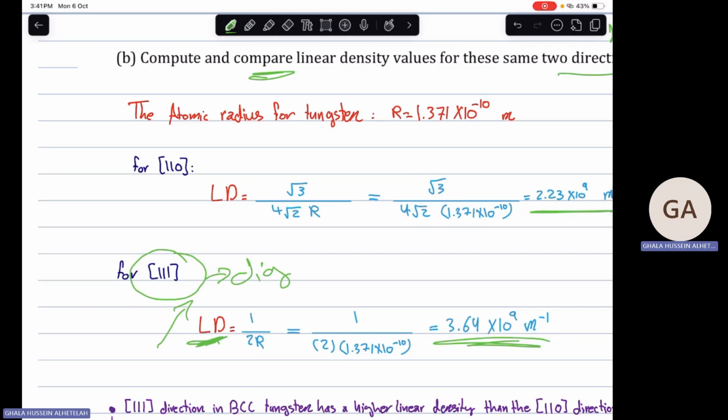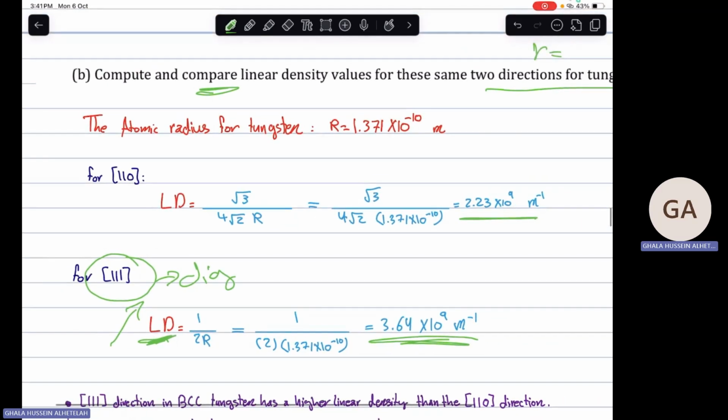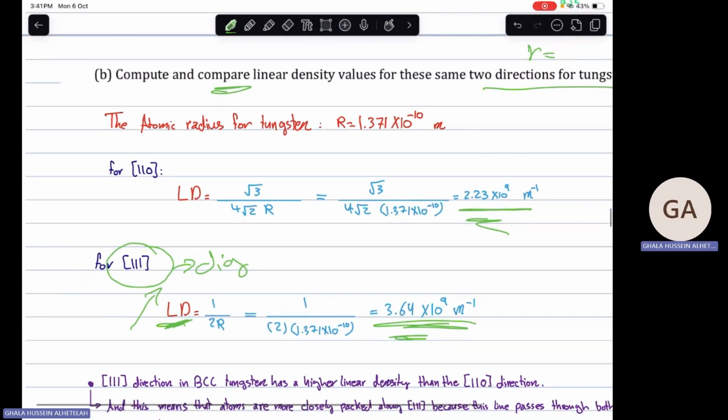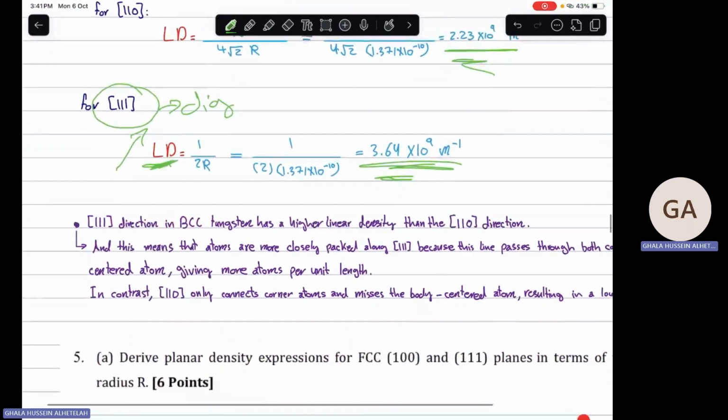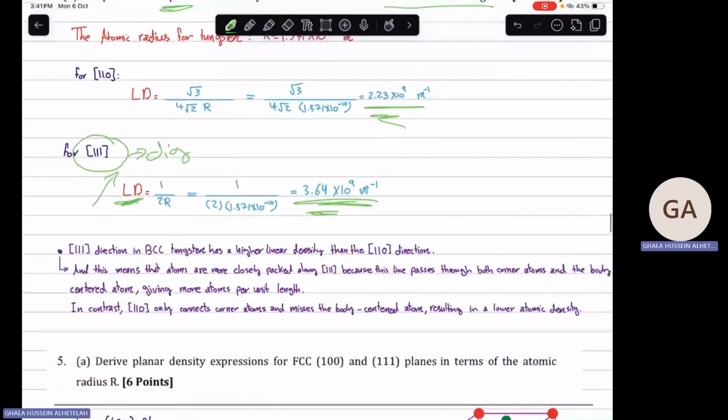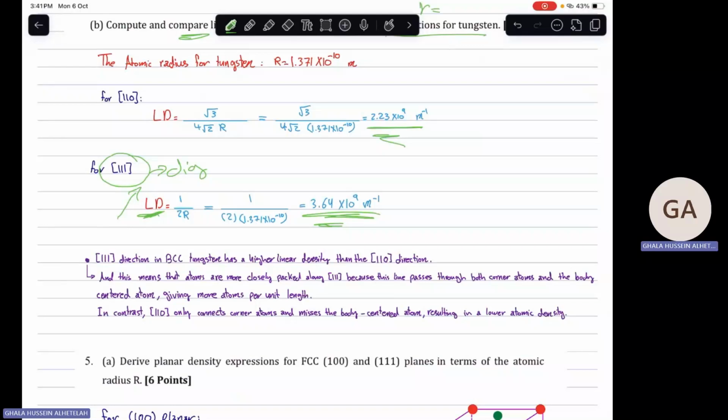If you get that 111 is much lower than 110, you know that you made some mistakes in your calculation. This is the explanation of why we have bigger density in 111 than 110.